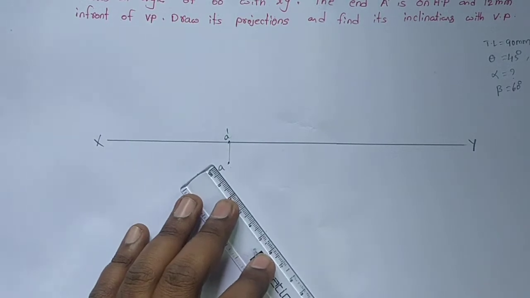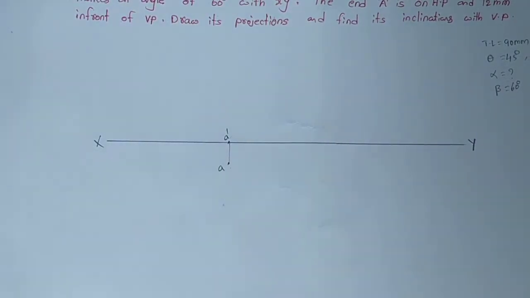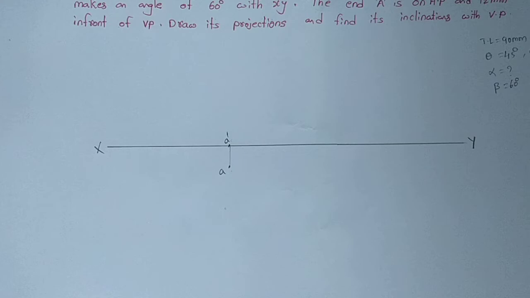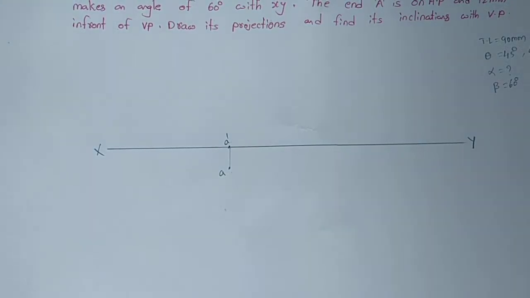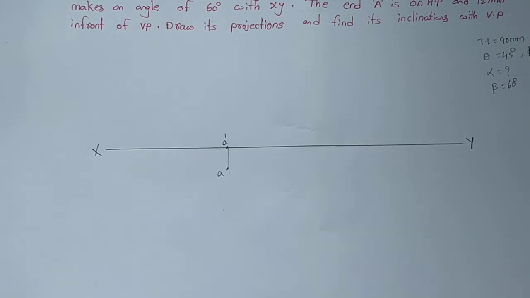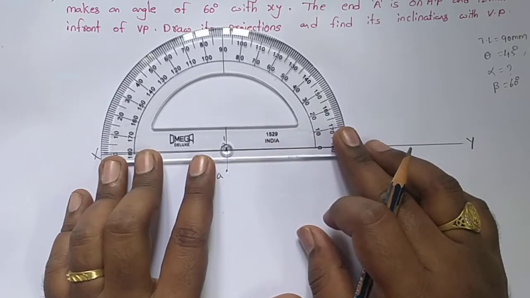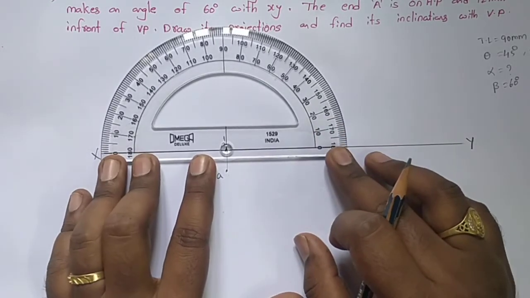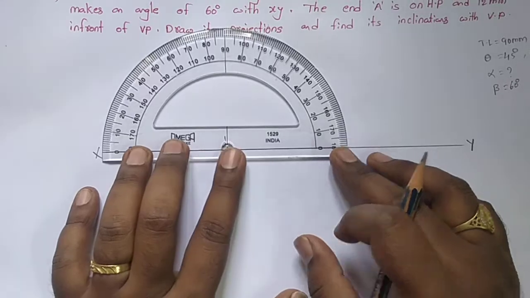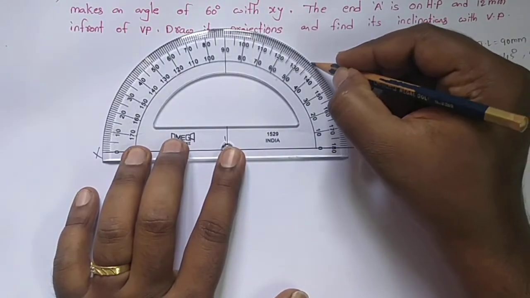First, we need to locate point B1 dash, that is 45 degrees inclined to HP. That is the true length. The line length AB making an angle 45 degrees with HP. Okay, so we need to locate a 45 degrees line.